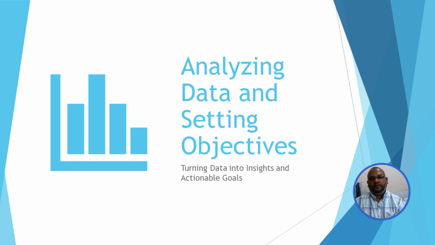Now that we have set up our engagement data into a structured model, it's time to analyze this data and set up our objective. This is where the real power of linear algebra comes into play, helping us derive meaningful insights and make data-driven decisions.